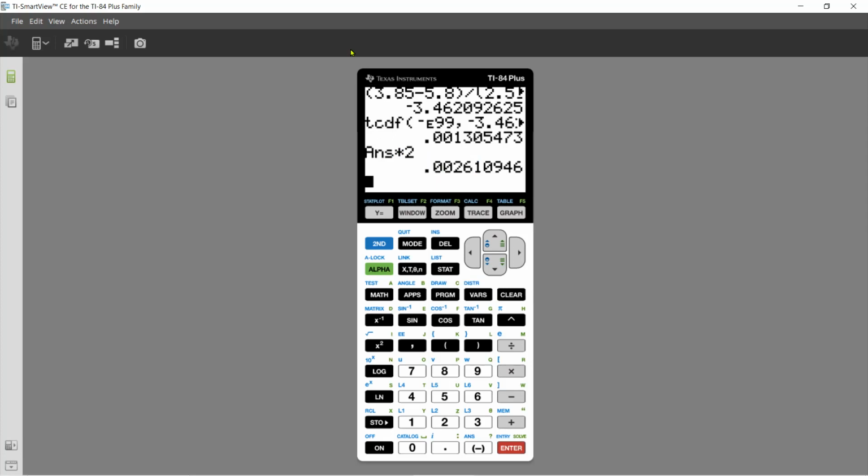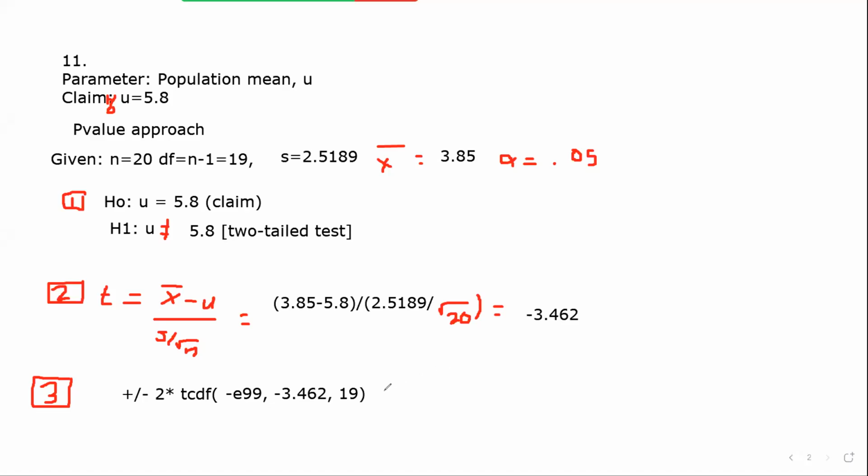So let's do this. My p-value is 0.0026. Now, step 4, we've been to this rodeo. It's reject or do not reject the null. Now when we're doing the p-value approach, we're comparing p to alpha.